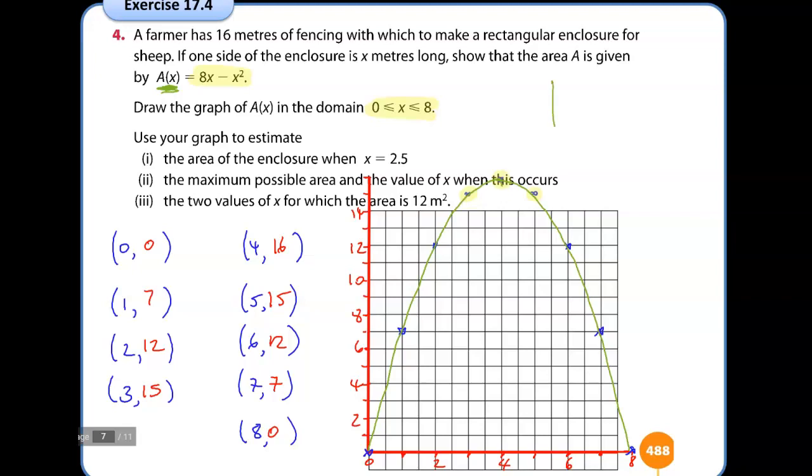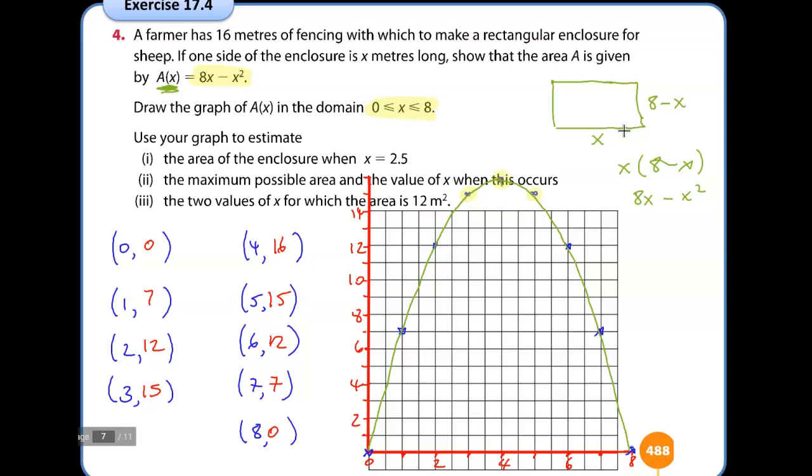So we've got a situation where we've got a rectangle where one side is referred to as being x, and since it's 16 in total, then you've got 8 representing the 2 sides. That's why we've got another side which is 8 minus x, and that's why the area is the multiplication of those two things. Hence the reason why they've given you 8x minus x squared.